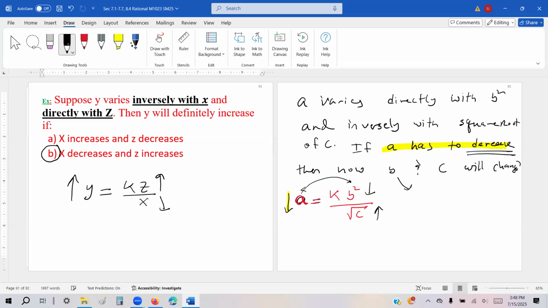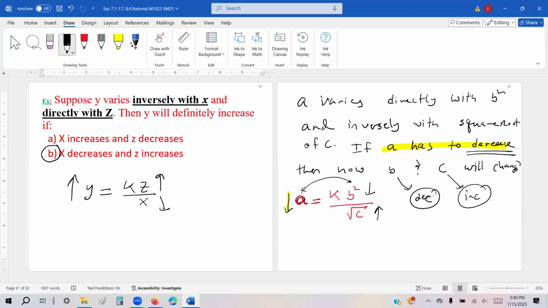So B has to decrease and C has to increase. So see, based on the relationship, you know which direction they are moving, based on what they want. Here they want Y to increase, and here I wanted A to decrease. So based on that, we can figure out the relationship of the other two.